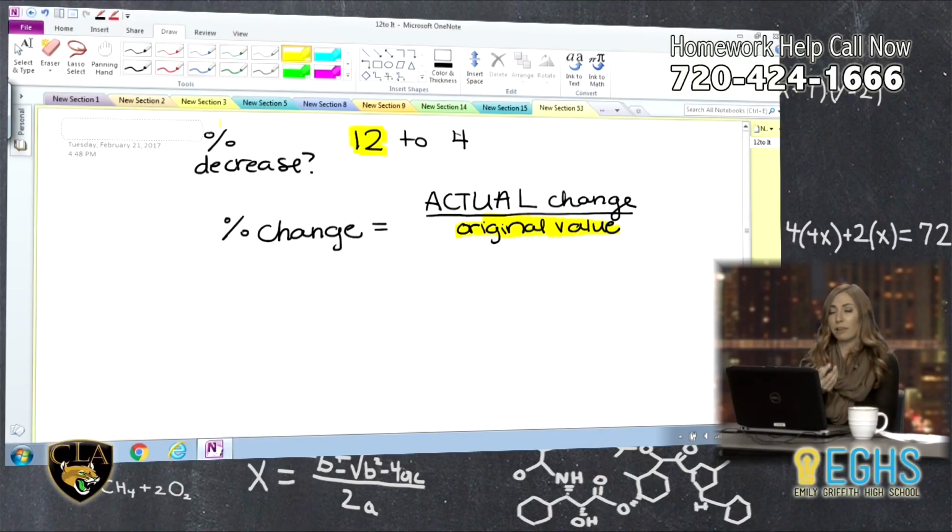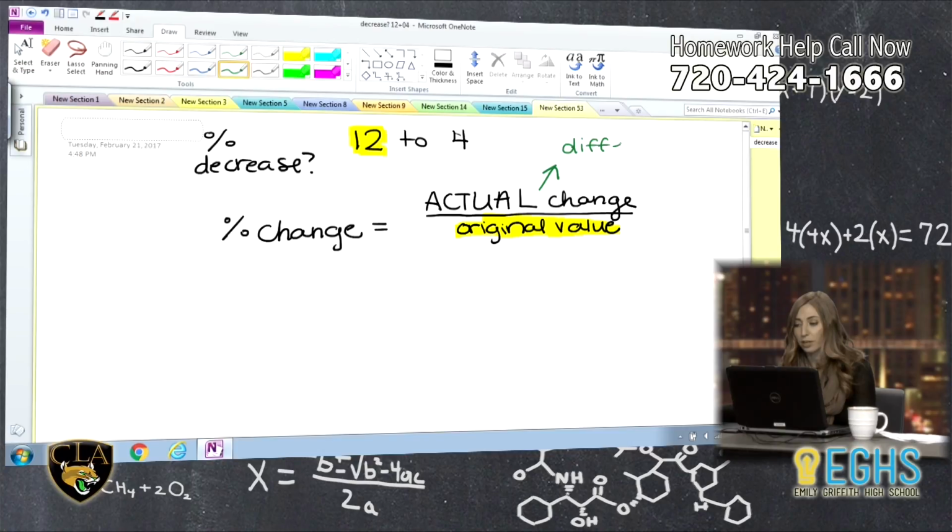The reason why the formula is this is because we're comparing the actual amount that it's changing to what it started as, and that's going to give us our percent change. To find the actual change, or how much it changed by total, you find the difference between the two quantities.